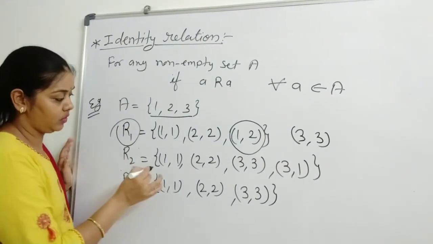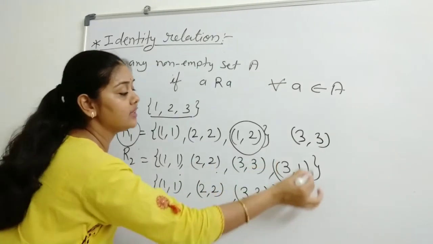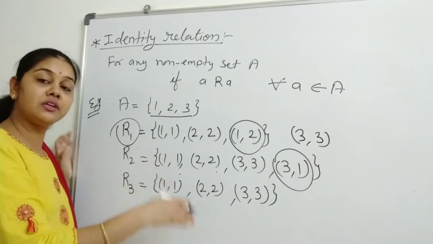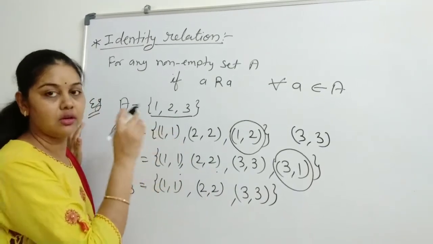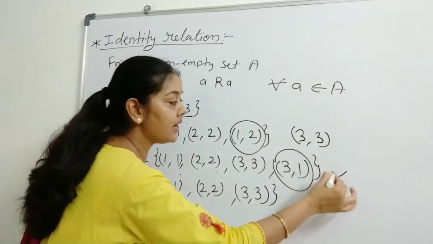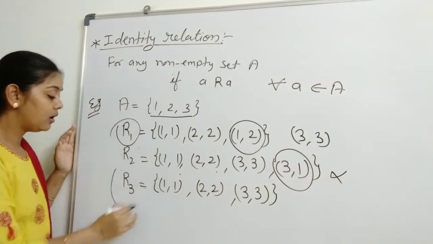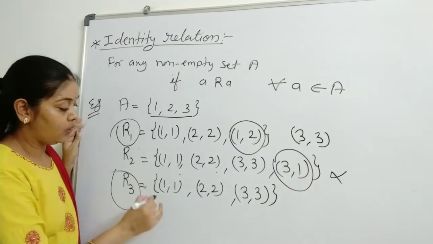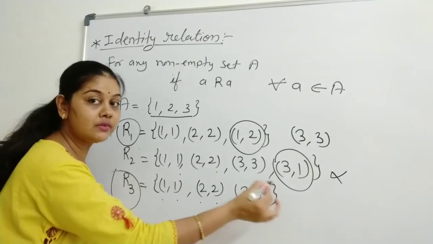Again in this, 1 is related with 1, 2, 2, 3, 3. But again here, 3 is related with 1 also. So by the definition, the element must be related with itself, so it is again not an identity relation. Now check R3. 1 is related with 1, 2 is related with 2, 3 is related with 3.